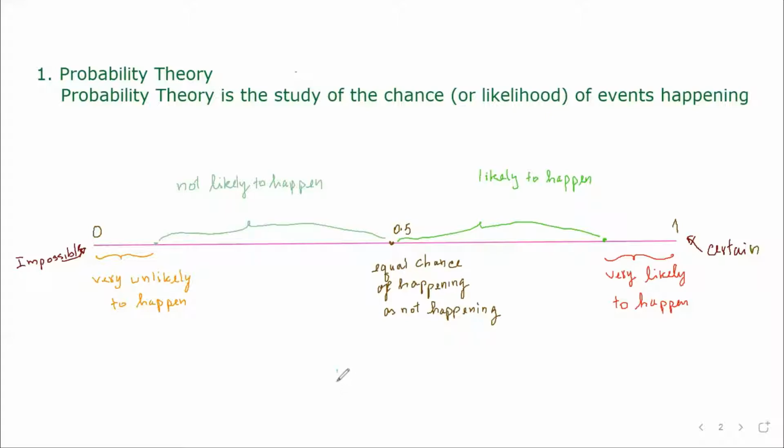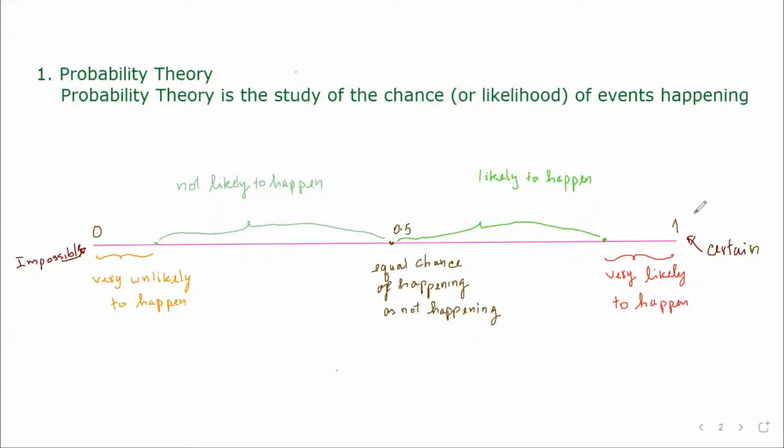If an event is at 0.5, this means the probability of happening is 50-50. We call that an equal chance of happening as not happening. So that means it can happen 50-50 or may not.